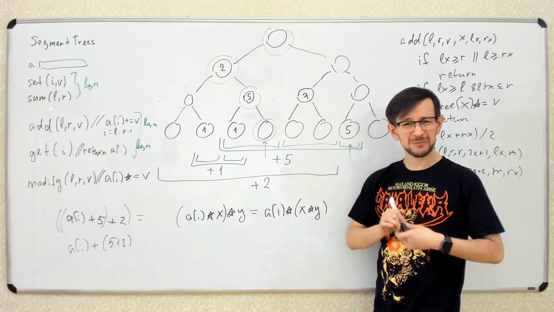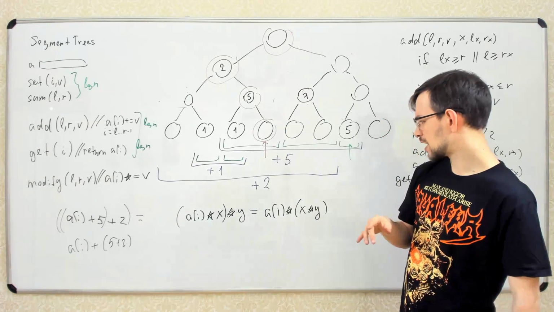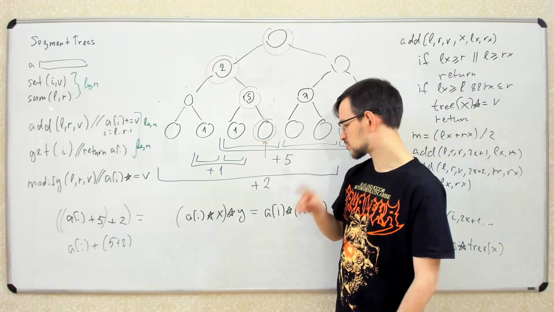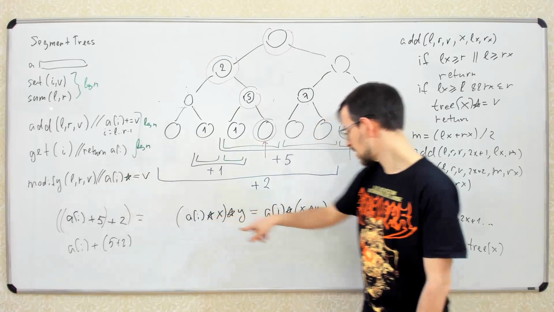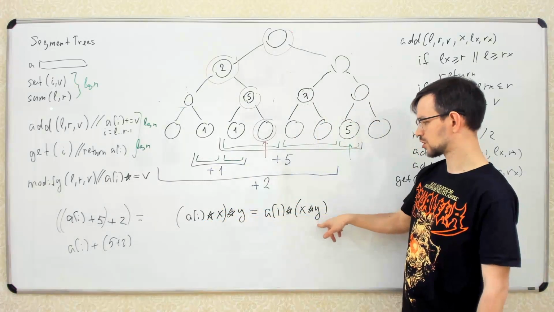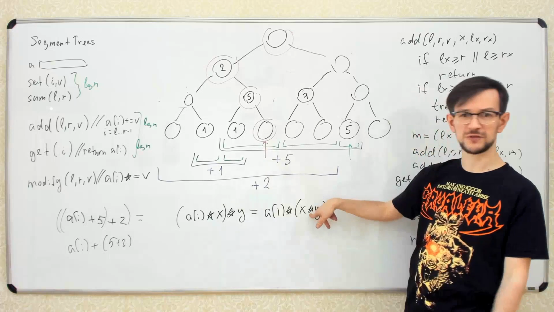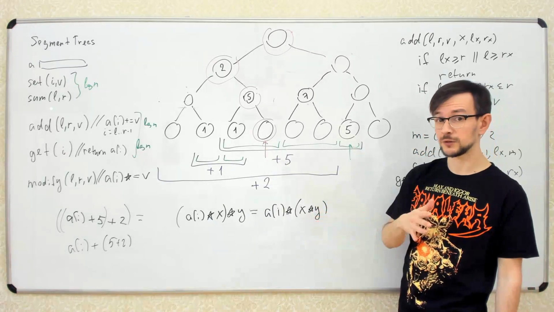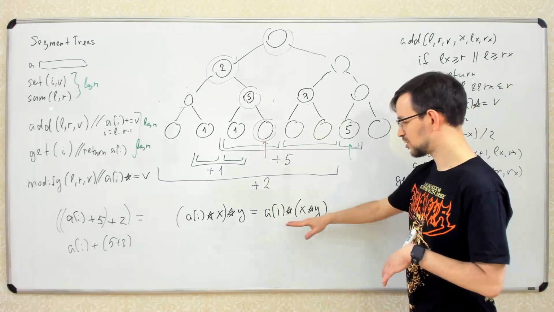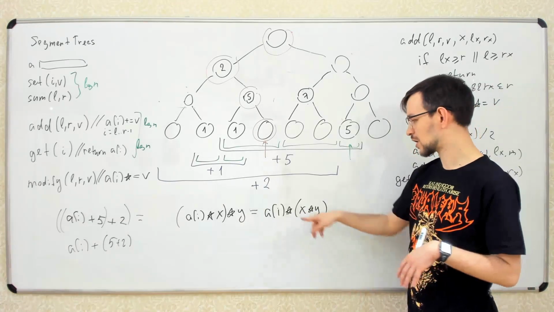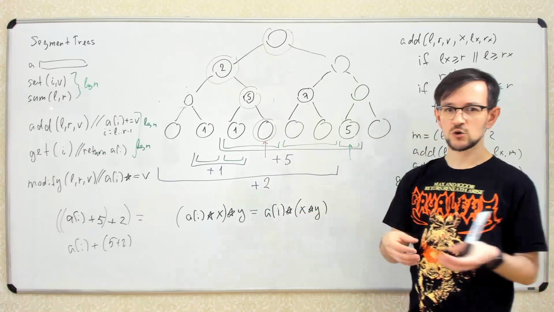In practice, sometimes you have some strange cases. Sometimes you have different operations here. You have some operation which you apply to the element, and you have some different operation which gets you the combination of two operations. It doesn't matter a lot, because you can always change the operations in such a way that you have a single operation for all these cases. When you apply it to an element, you have the result of the operation.